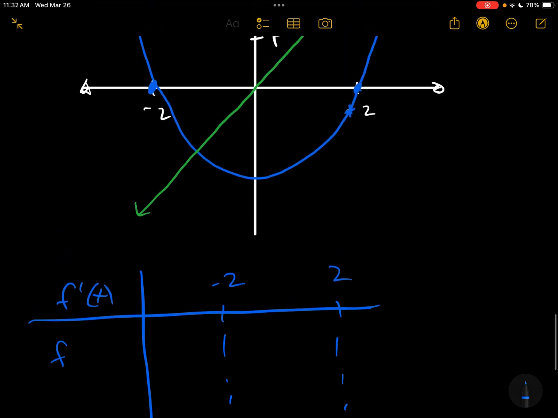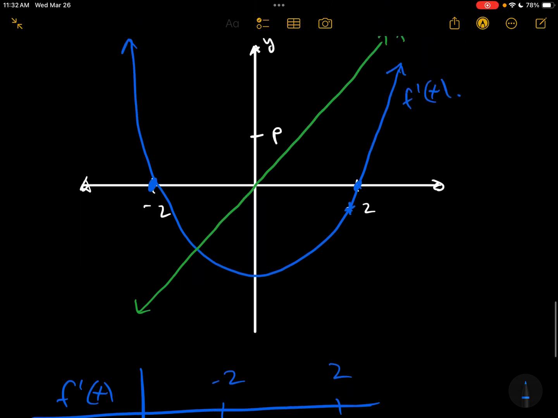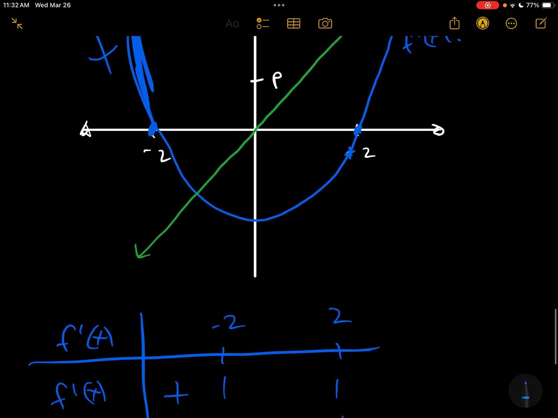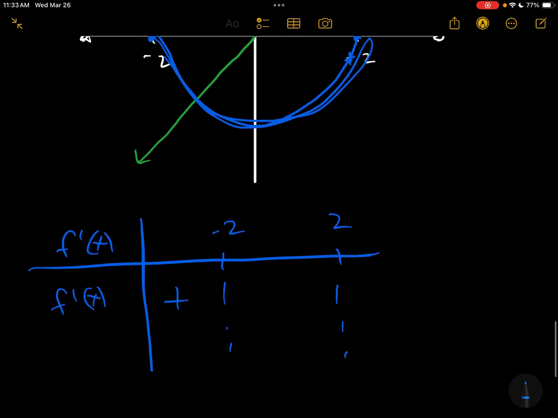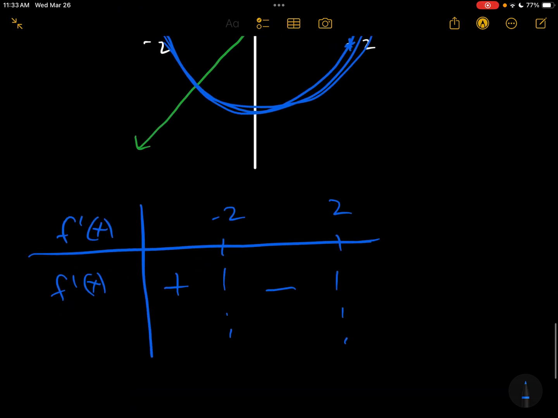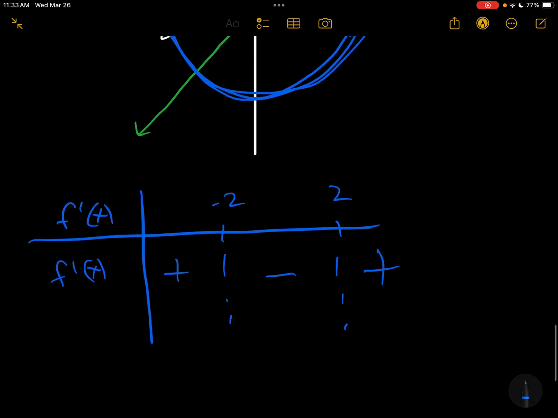Right, so I'm just going to put f prime because we don't know what it is. To the left of -2, f prime is positive. In between -2 and 2, f prime is negative, and to the right, it's positive.